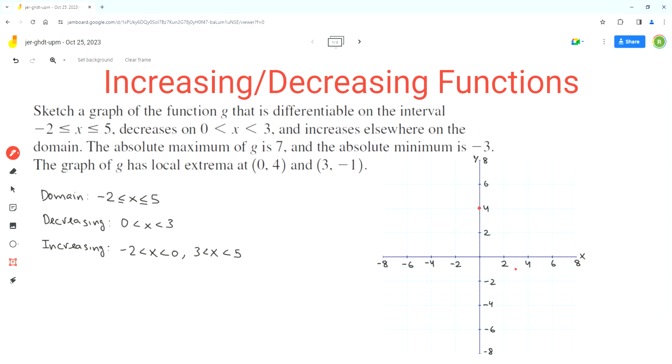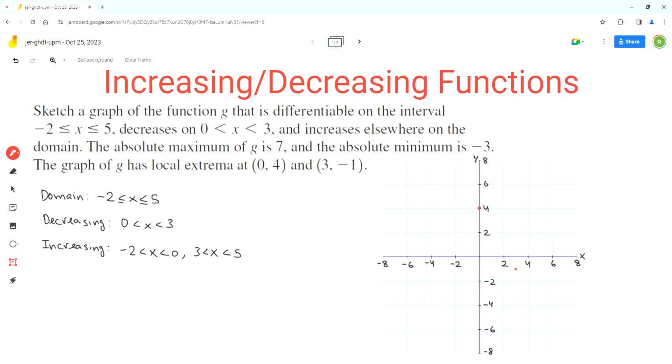Now we can start sketching this function. The domain starts at -2. So first we'll analyze the increasing interval -2 to 0. On this interval, the graph should be sloping upwards from left to right because any tangent we draw on this graph should have a positive slope.